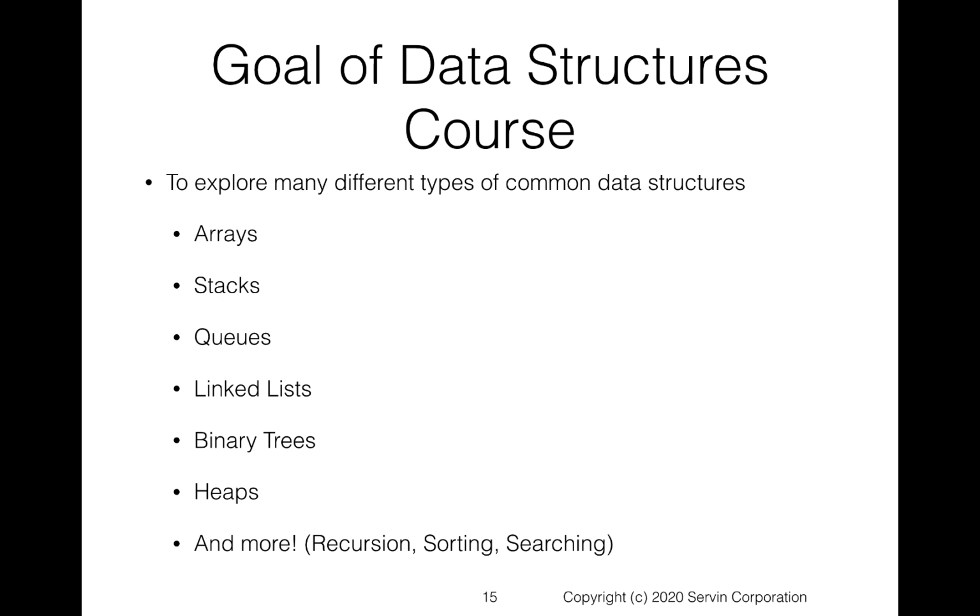We're going to cover not only the data structures, but also algorithms that relate to using those data structures. For example, recursion, sorting, and searching. As you can imagine, if you're doing recursion or sorting or searching, the way you do it could be directly impacted by your data structure.